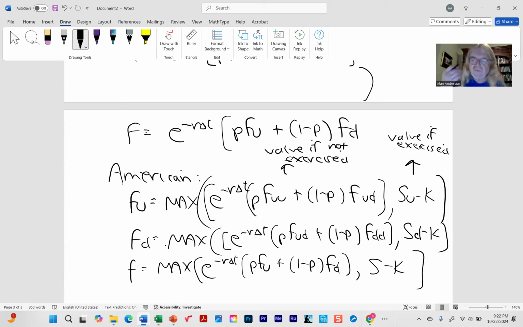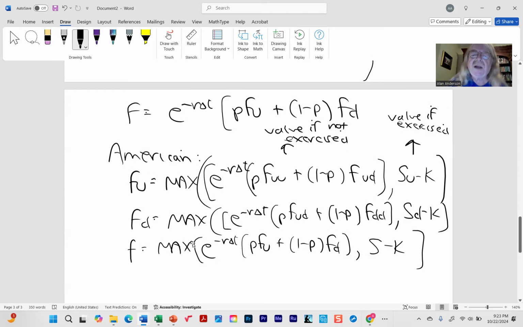So there, we're assuming that we're able to look ahead into the future when we make these decisions about whether to exercise or not.